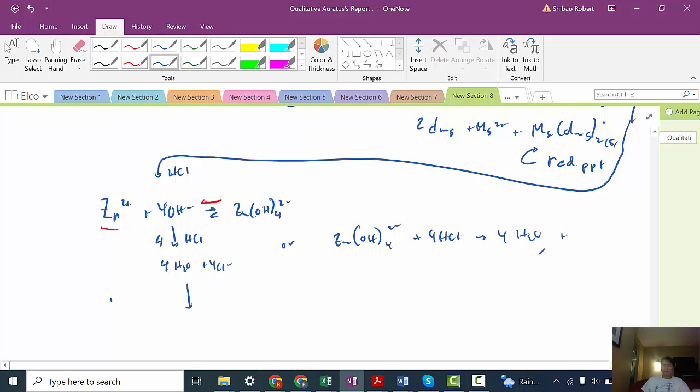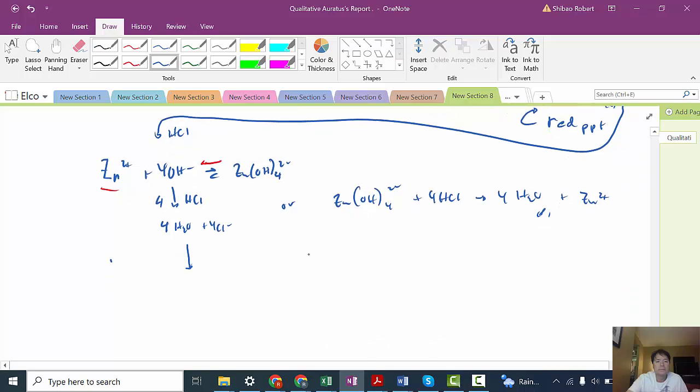But assuming that we have it completely reacted, then we just end up with Zn2+. So two different ways. You can do the Le Chatelier shift here, or you can do it this way here, the Zn2+. Okay. So once we do that, then we're going to add the potassium hexacyanoferrate.